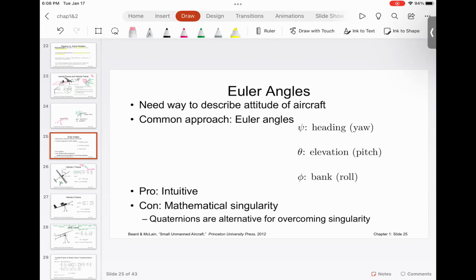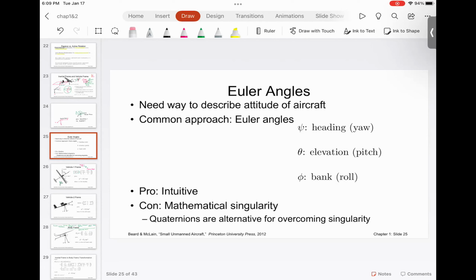So the alternate approach is using something called quaternions. Quaternions are hyperplanes, which means, if we live in a three-dimensional world, if we have x, y, and z axis, and we add one more axis, it goes hyper. So basically, quaternions are expressed in hyperplanes.